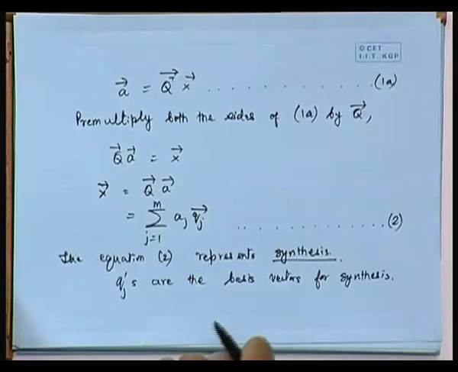You are forming the basis vectors out of the correlation matrix of the same random variable. In that sense, this transformation technique has become very popular. In fact, it is used in many domains of signal processing.